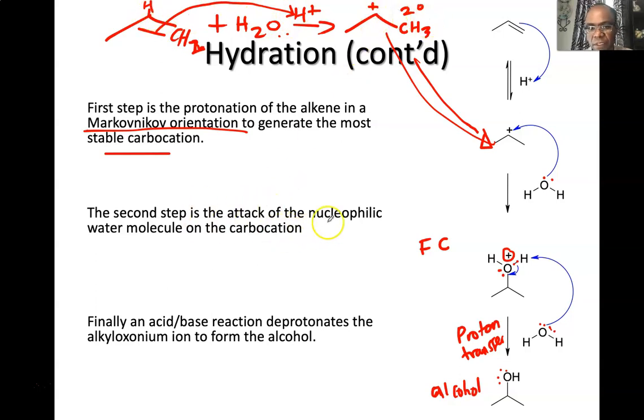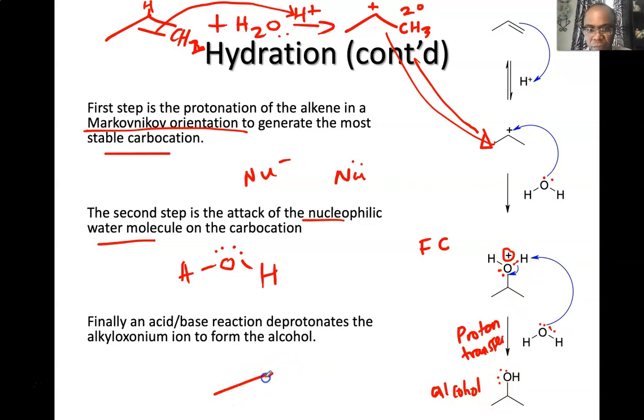The second step is nucleophilic attack of the carbocation by the water molecule, because we said a nucleophile will either be negatively charged or just neutral. So you see, the water molecule is neutral, but it has lone pairs that it can use to attack. Next, you don't want the charges on the molecule, so we use the second water molecule to take out the extra proton. As we neutralize the plus sign on oxygen, you get an alcohol.